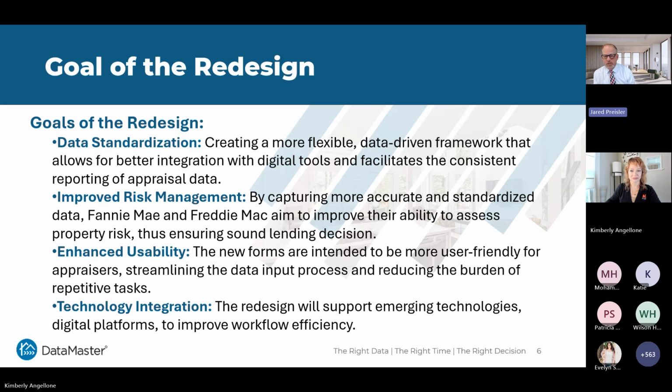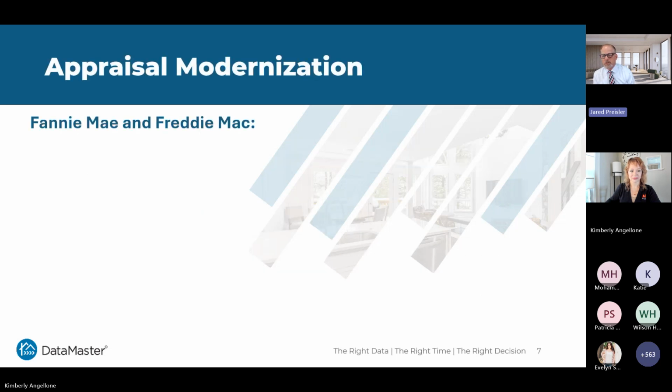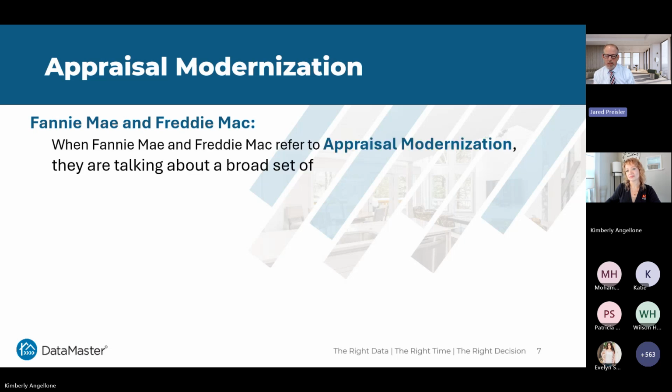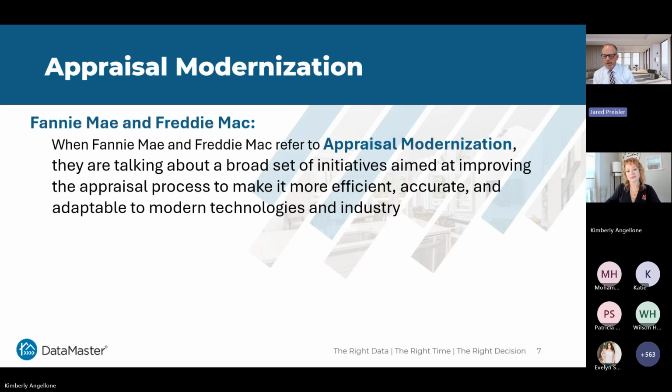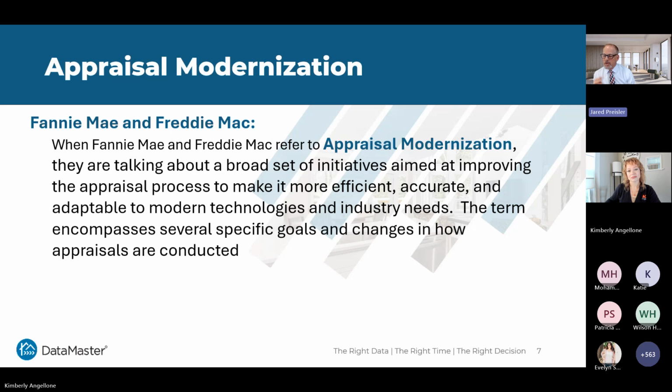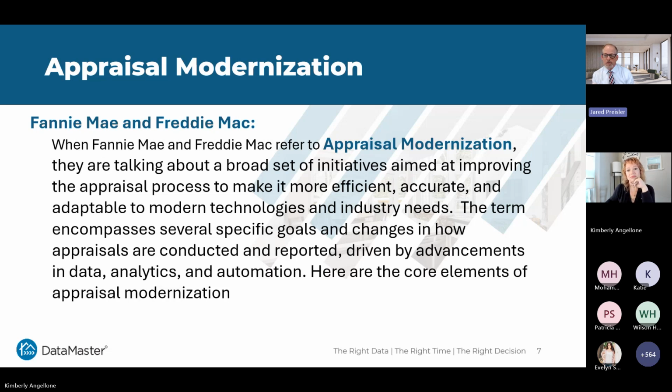I want to share just a little bit about modernization. When we talk about appraisal modernization, it may be a little bit different to each of us. We have a little different concept of what modernization may be. When Fannie and Freddie talk about modernization, what they're referring to is a very broad set of initiatives aimed at improving the appraisal process to make it more efficient, accurate, and adaptable to modern technologies.